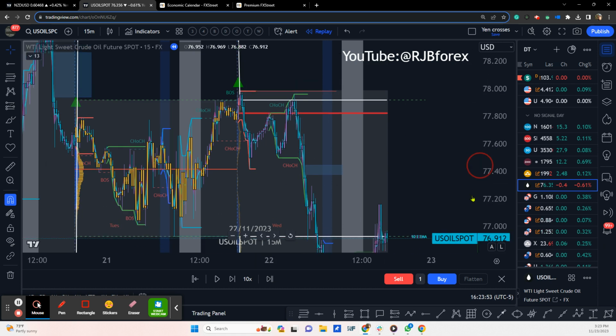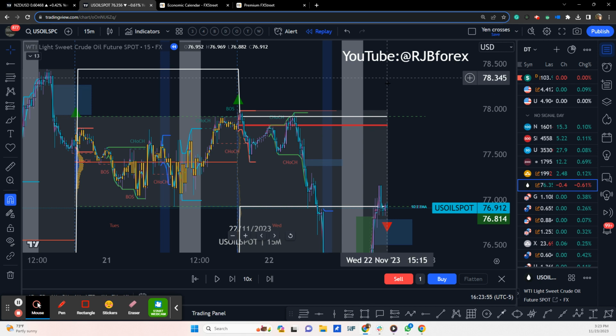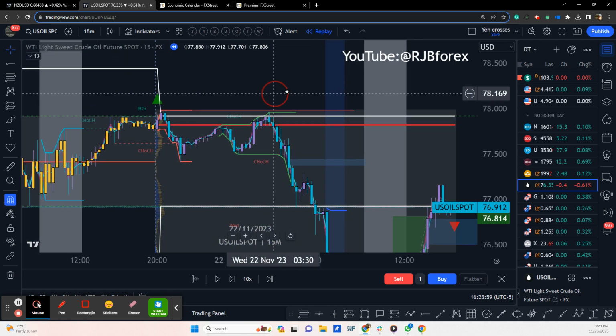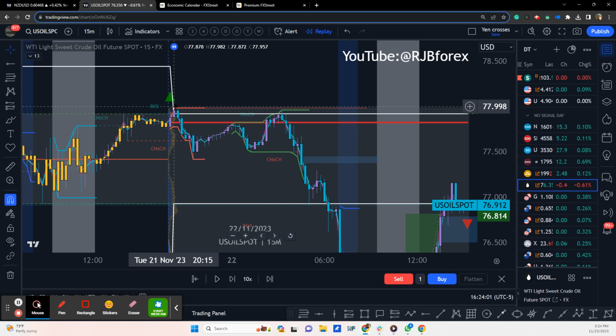Okay, levels. Another level would be, for me, the high of the Tokyo session and the low of the session. And when I say session, what I'm talking about is from the Tokyo Open and a few hours around that time of the day.